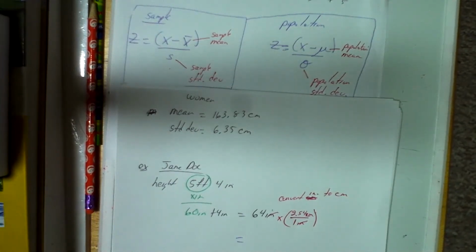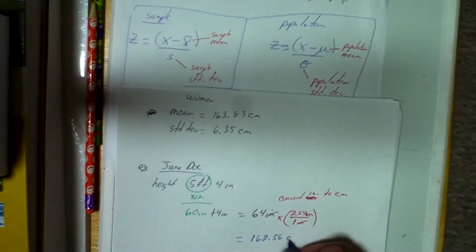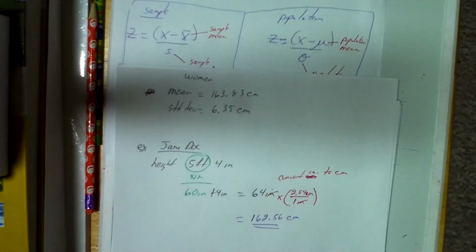So 64 times 2.54, she is 162.56 centimeters. That is what Jane Doe's height is.